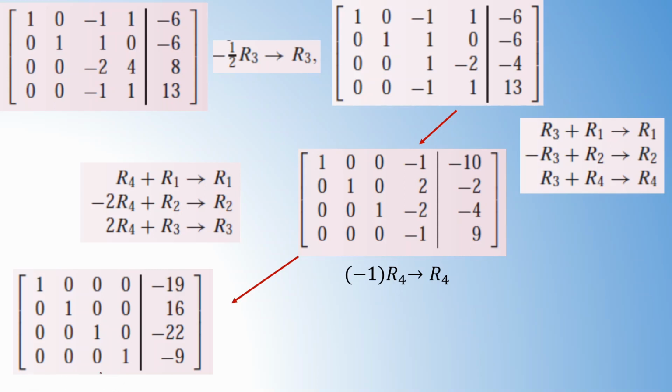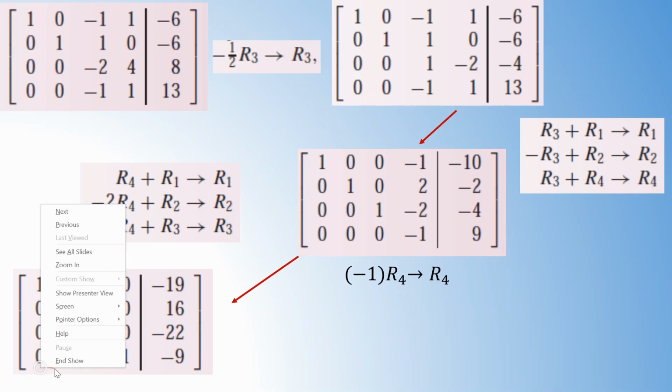When you write down the equivalent system, you get direct values: x1 is equal to minus 19, x2 is equal to 16, x3 is equal to minus 22, x4 is equal to minus 9.